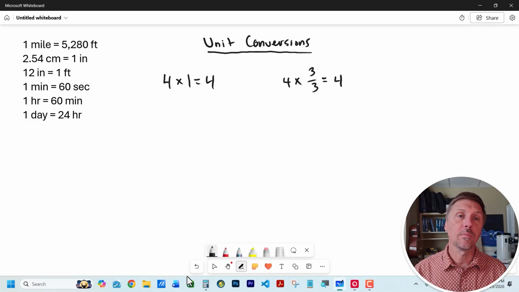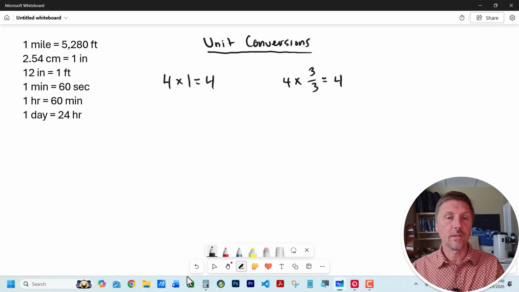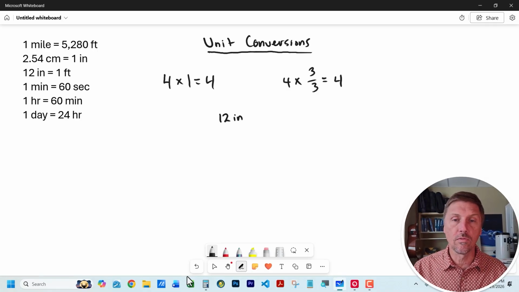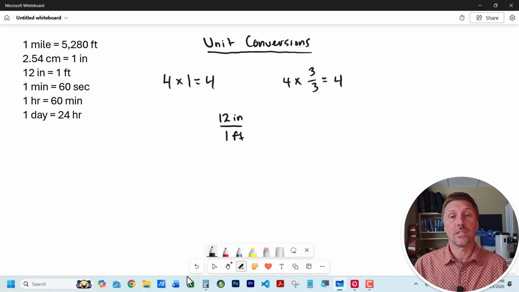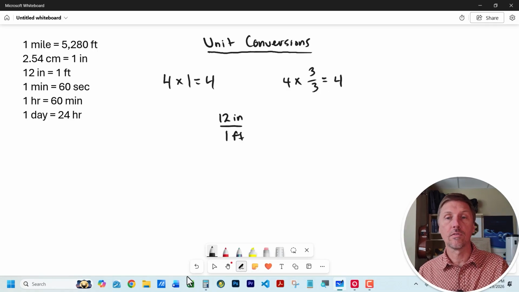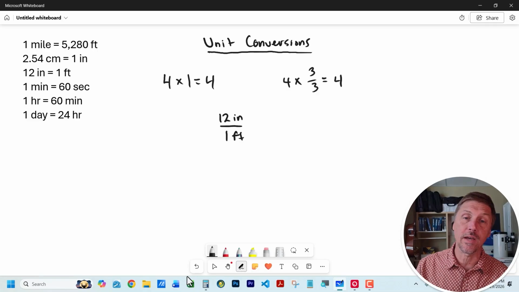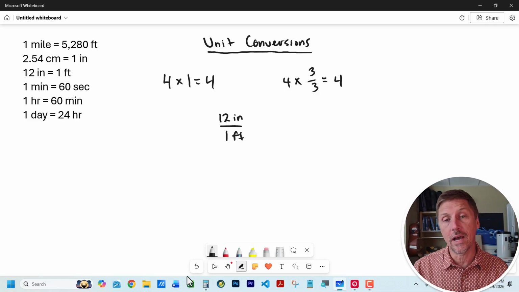So when we have a unit conversion, for example, 12 inches equals 1 foot, if I put 12 inches over 1 foot, that has the overall value of 1, because 12 inches is equal to 1 foot, just like 3 is equal to 3. So 3 over 3 equals 1, and 12 inches over 1 foot equals 1. Then I can multiply that times another value, and it won't change the value of that other value.